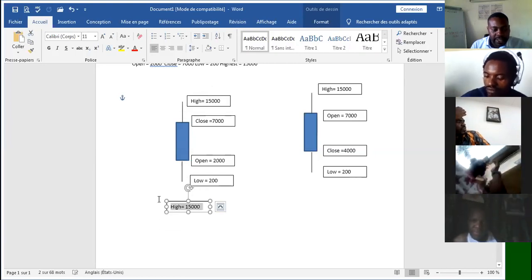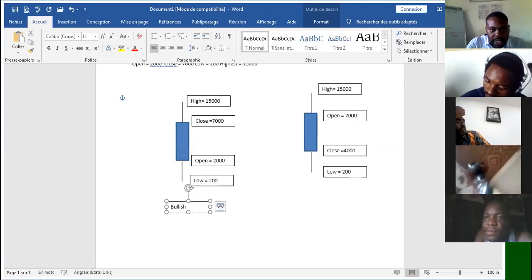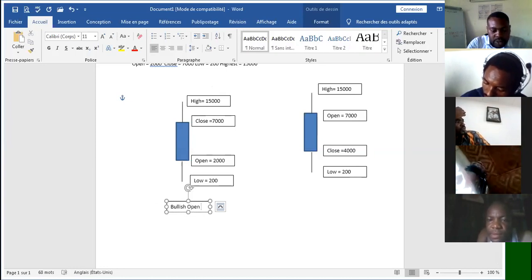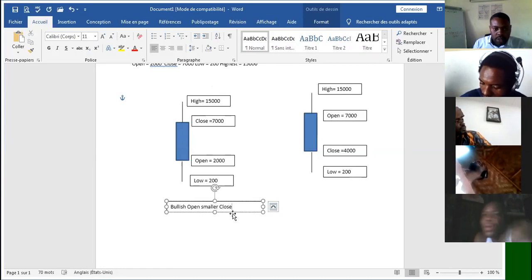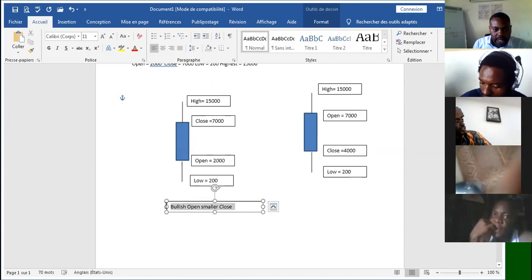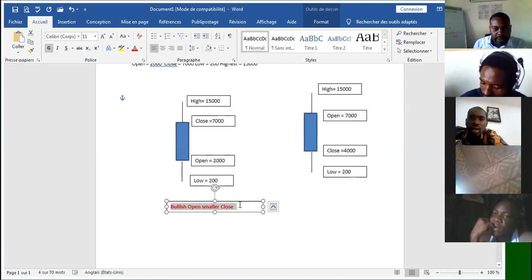Let's just write here. This one is a bullish candle. In a bullish candle, our open is smaller than our close. So let me color this one in red and bold it so that you should see.